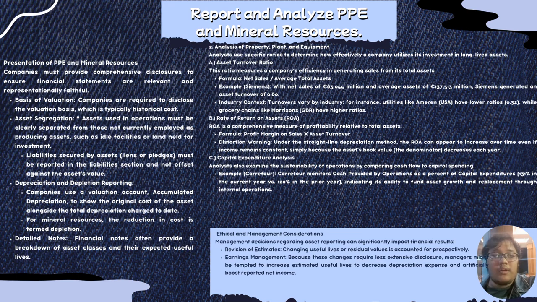For mineral resources, the reduction in cost is termed depletion. After that, there is also the part of detailed notes, where financial notes often provide a breakdown of asset classes and their expected useful life.